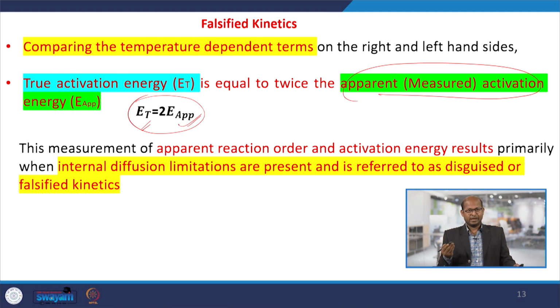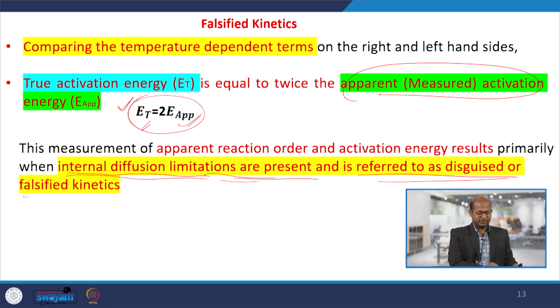So, order and activation energy would both be different if we consider the effectiveness factor, Thiele modulus or diffusion for a particular system. This is due to internal diffusion limitations being present, and it is referred to as disguised or falsified kinetics.